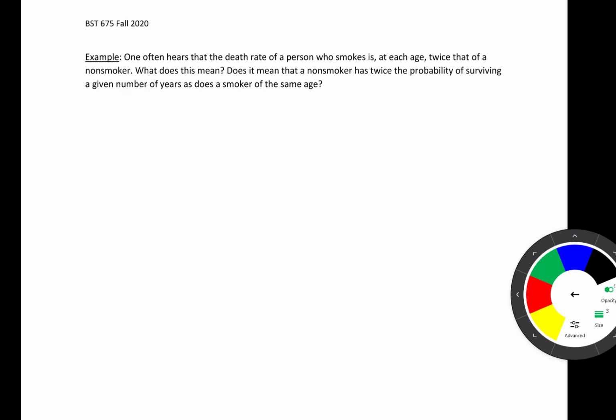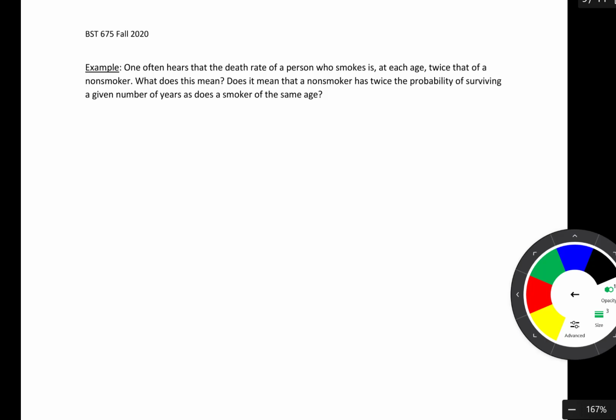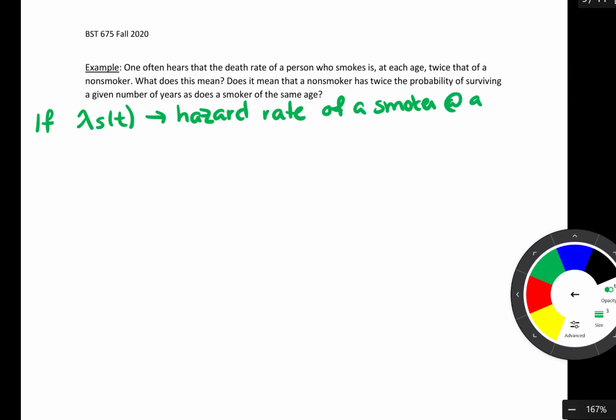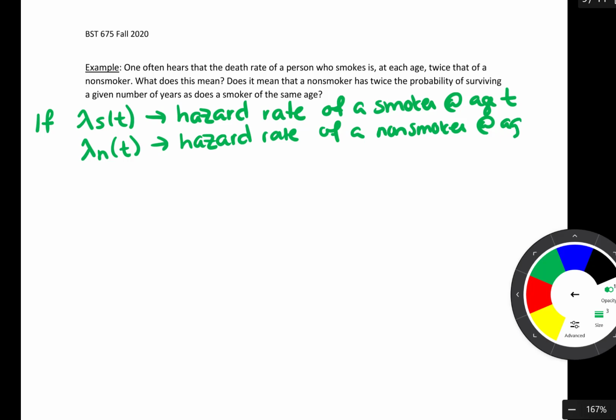So starting out, we're going to let lambda s of t denote the hazard rate of a smoker at age t, and we're going to let lambda n be the hazard rate of a non-smoker at age t.